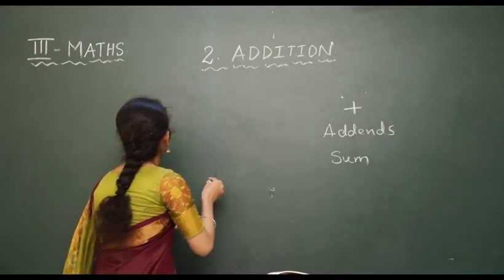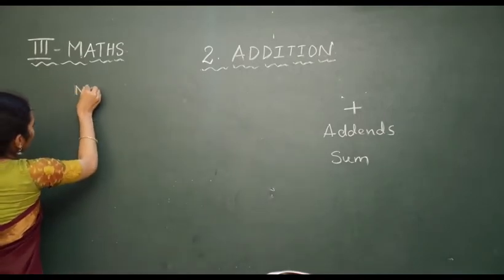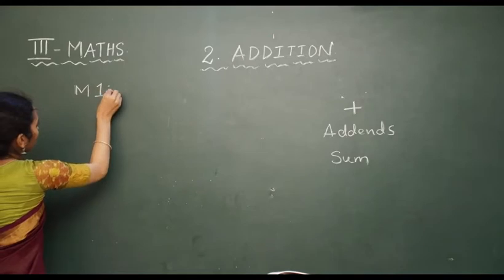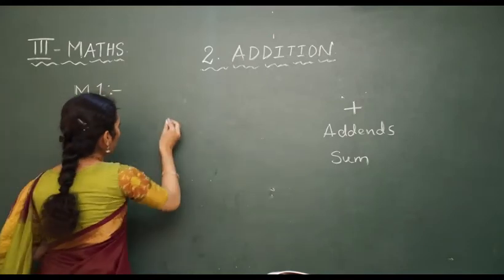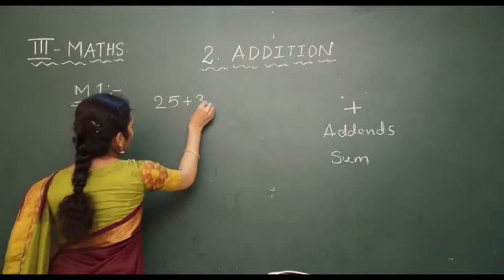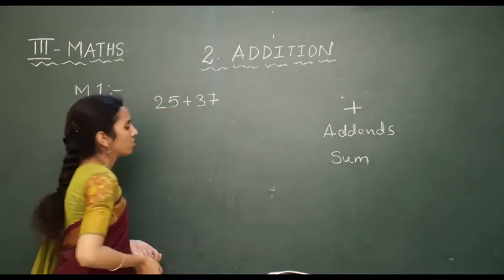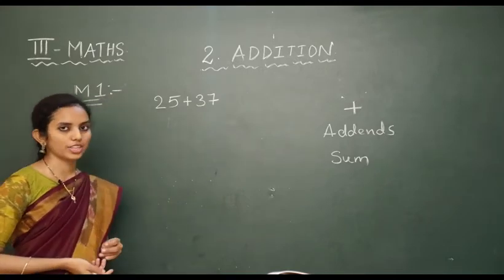So method 1. What is method 1? There are two numbers, 25 plus 37. This is a 2-digit addition.